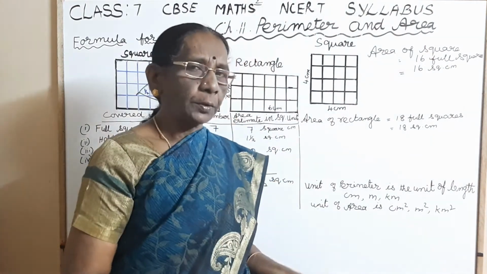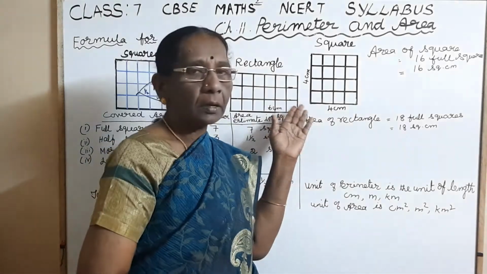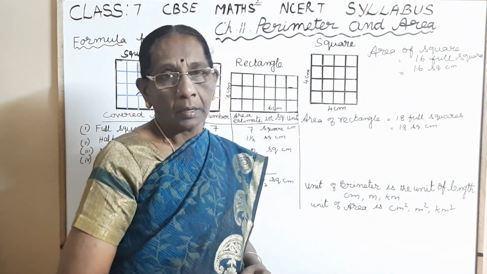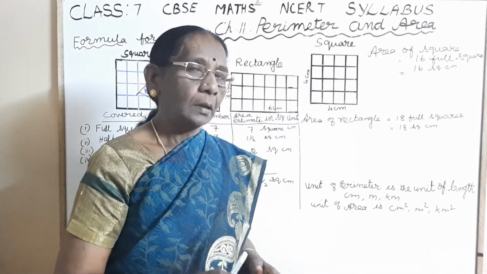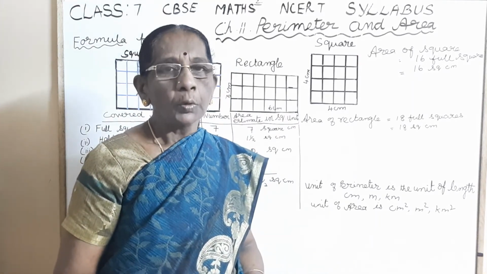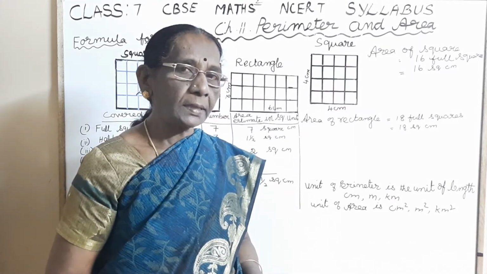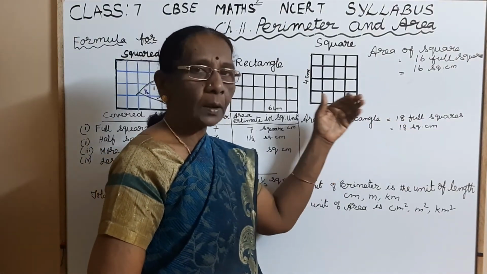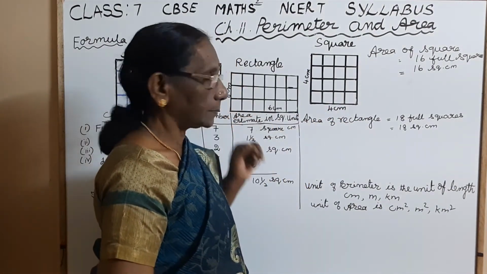But is it always possible to measure the area of rectangles and squares using this method? It's not possible to measure the area of a big playground, park or wall or floor, etc. Isn't it, children? So for that we need the short method. So what is that short method? See here, children, this 18 full squares can also be got by multiplying this 6 and 3.